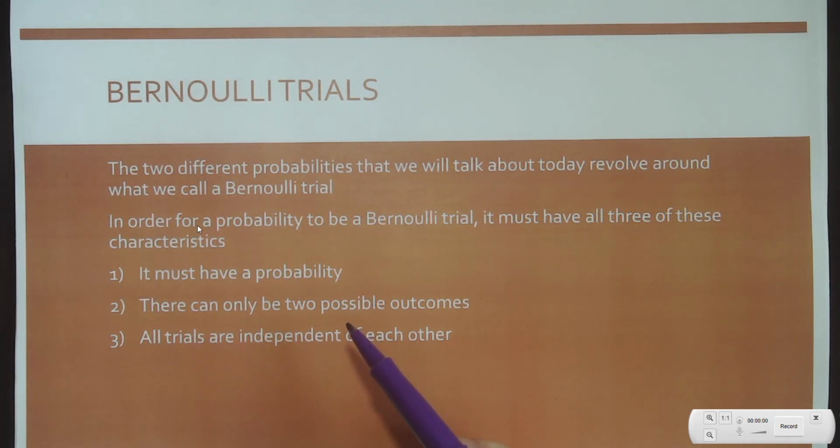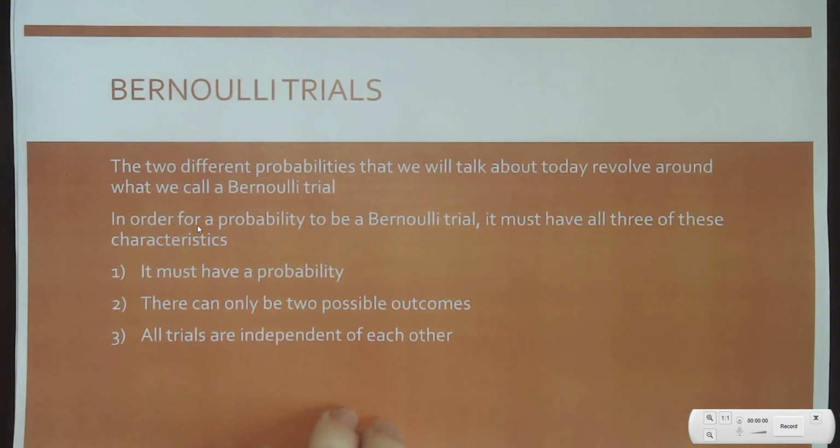And all trials are independent of each other. So basically that means that one thing does not influence the other, or every time they go up to do something, the probability will not change. That's basically what the independence of each other means.